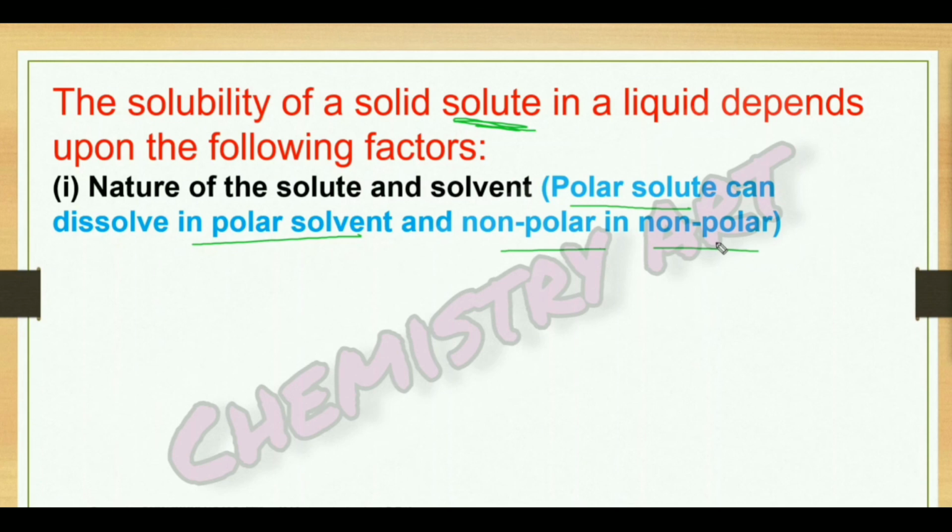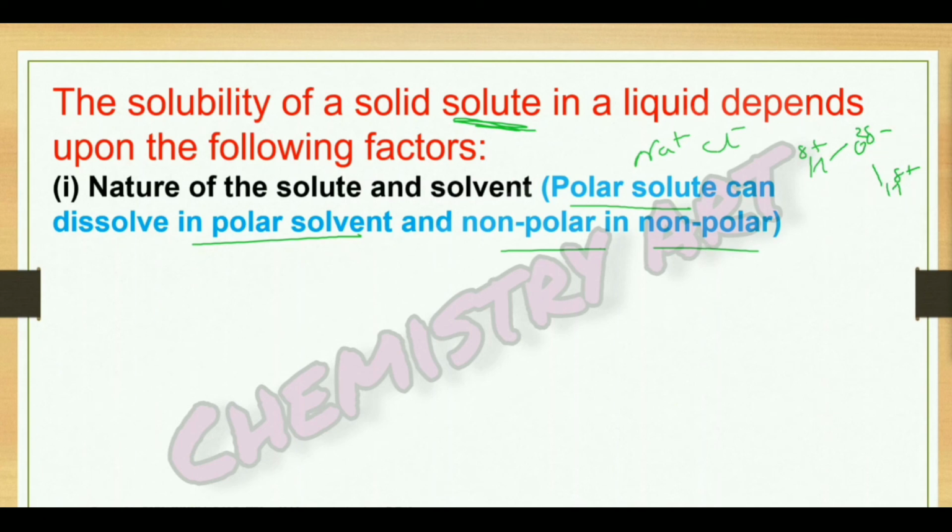For example, water is polar, and if you are dissolving NaCl, NaCl is also polar. Why? Because it is Na+ Cl-. In water, H2O, hydrogen is partially positive and oxygen is partially negative. So polar can be mixed with polar. And non-polar, like petrol and kerosene, can mix with each other.